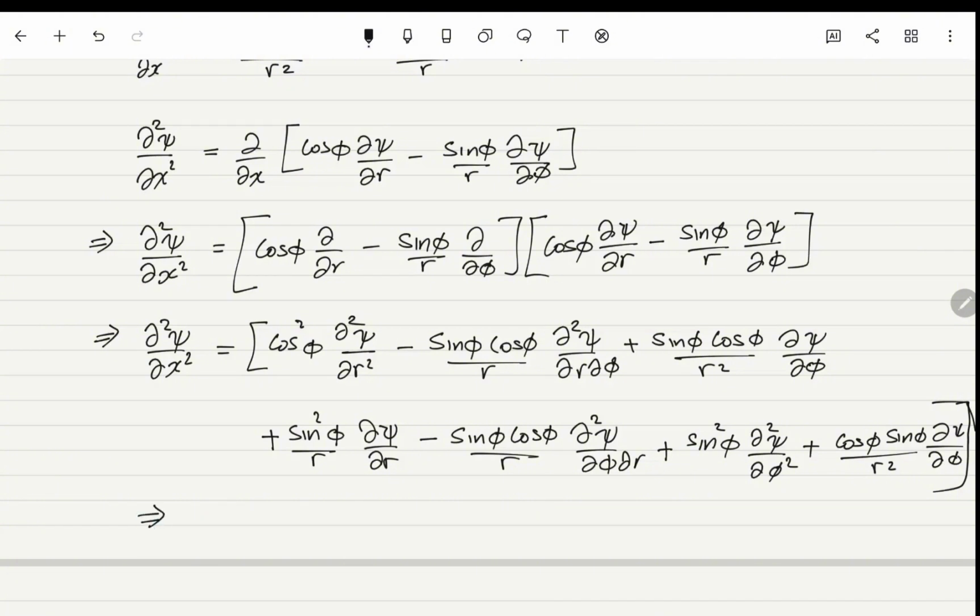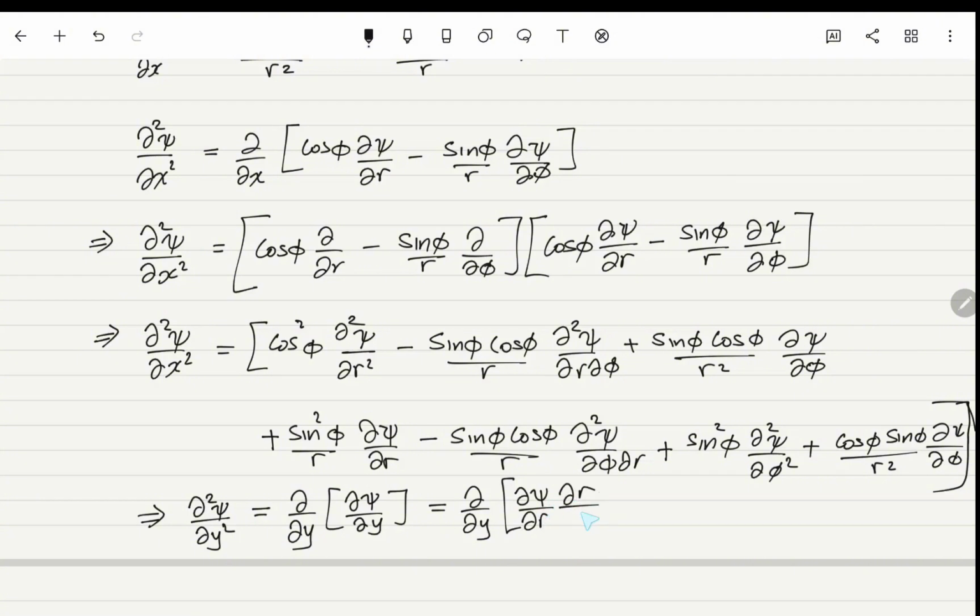And upon simplifying this one here, we will get partial 2 psi partial y square equal to partial y of partial psi partial y, or partial y of partial psi partial r partial r partial y plus partial psi partial theta partial theta partial y.